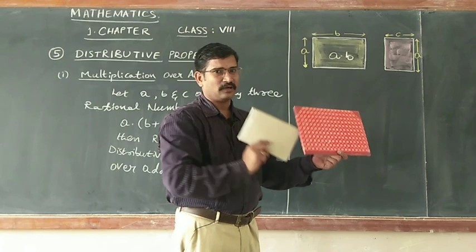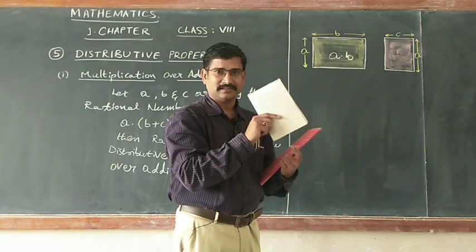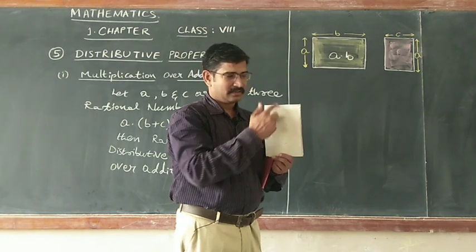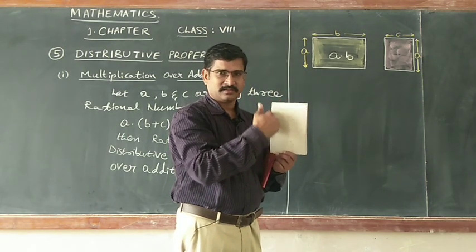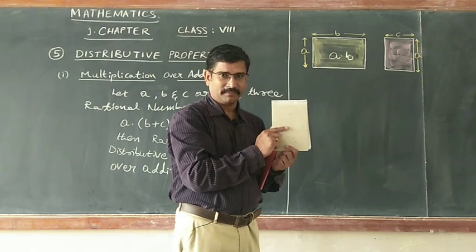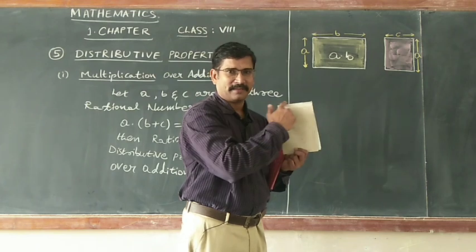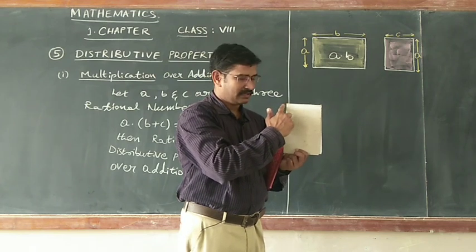Now, I have another object, again a rectangular lamina. It has got some top surface being in a rectangular shape. Here one dimension, another dimension.